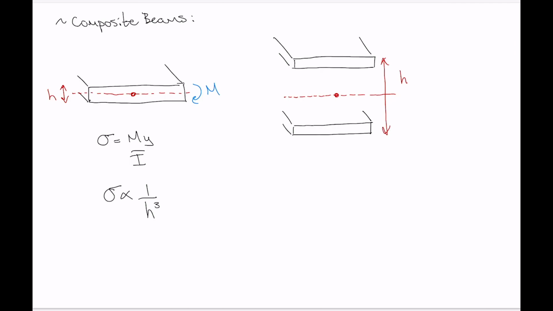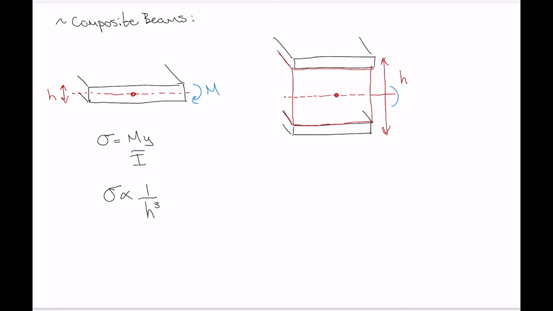Now, of course, we can't just move these together and have them floating in space, so we need some sort of material to keep them separated. And this tends to be a material that is lightweight and relatively weak. The job of this filler material is just to separate spatially the strong material from the axis of bending.